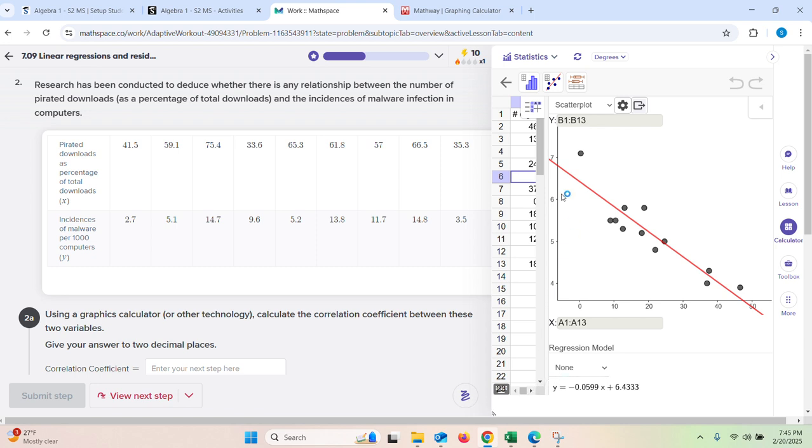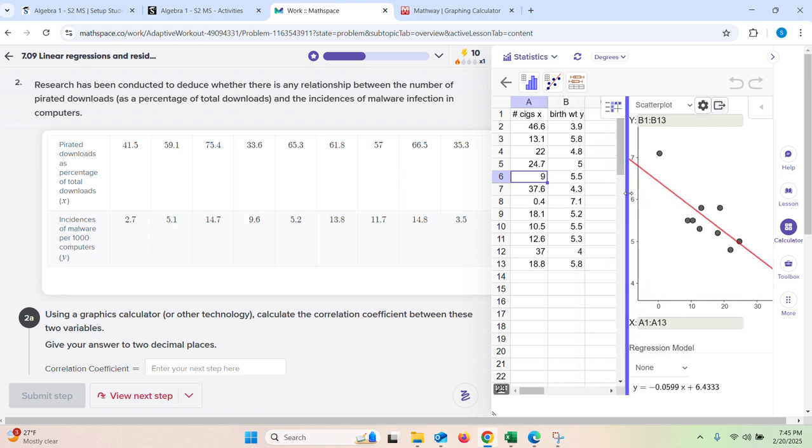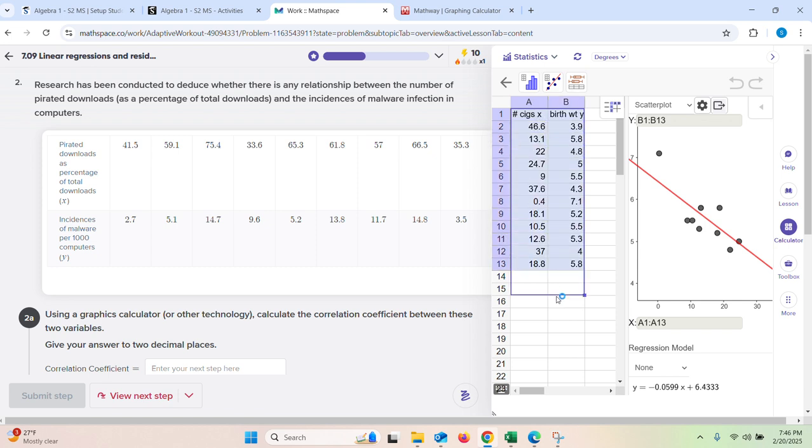Oh, I got it. I don't know what I did, but I got it. Okay, so this was the previous problem that I was working on, so I'm going to change this out. I'm just going to delete this.